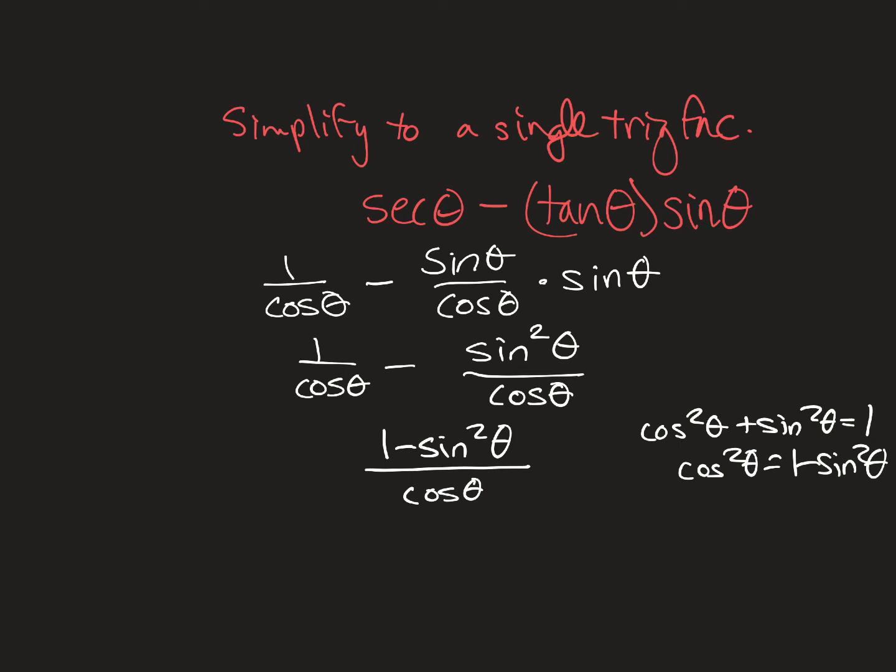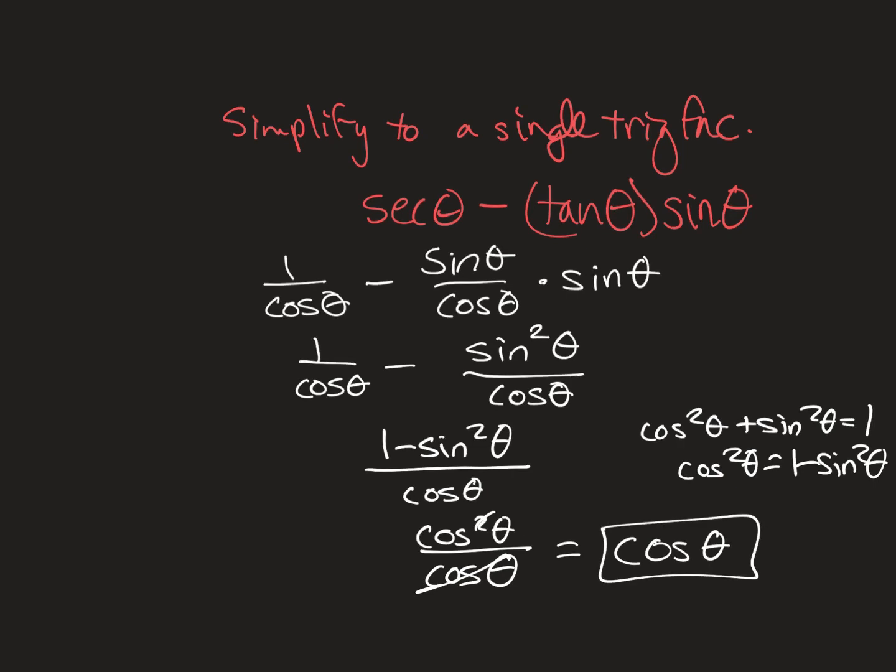So I can replace 1 minus sine squared theta with cosine squared theta, and cosine squared theta over cosine theta is just going to be, one of the cosines is going to cancel, so cosine theta. So pretty neat. Again, one good strategy is change things in terms of sine and cosine.